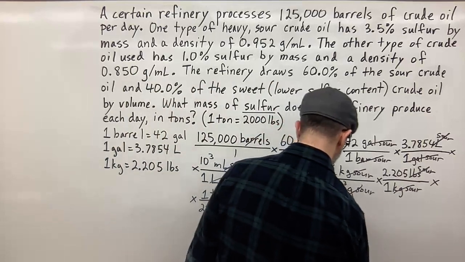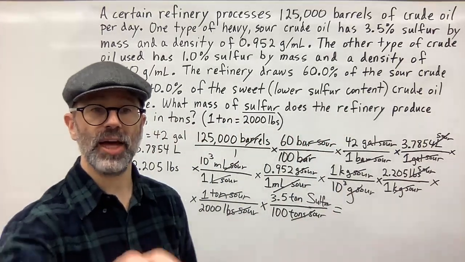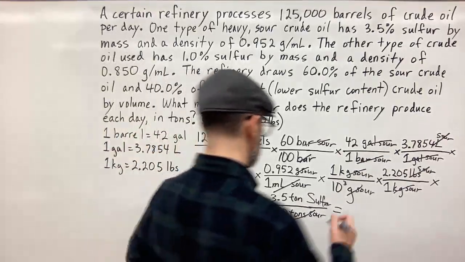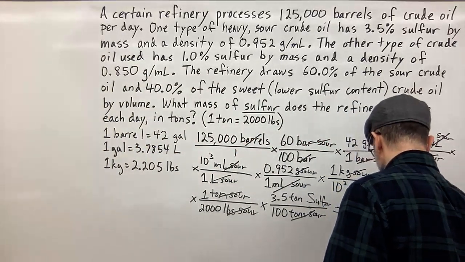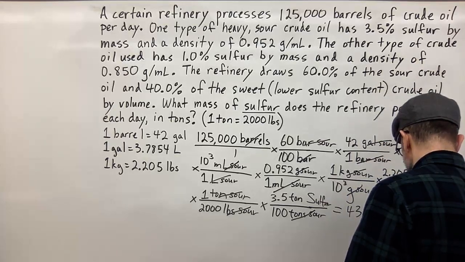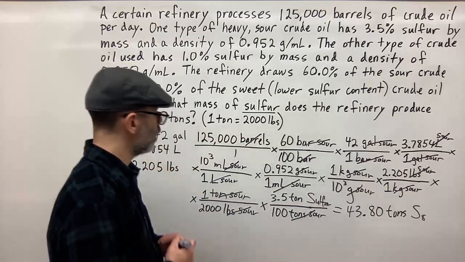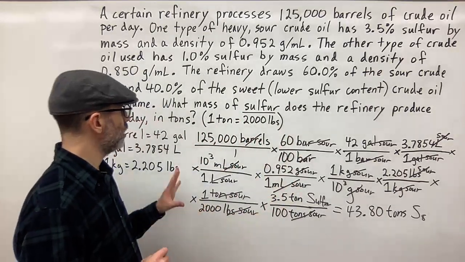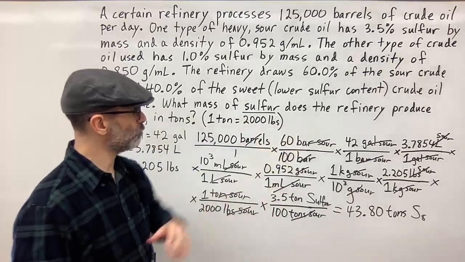Now we can go ahead and multiply and divide and find our answer. And when we do that, we get 43.80 tons of sulfur from the barrels of sour crude.